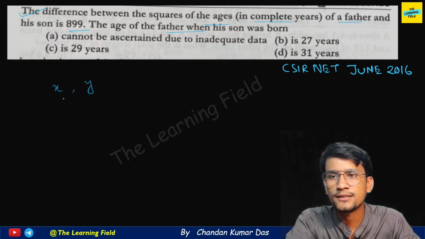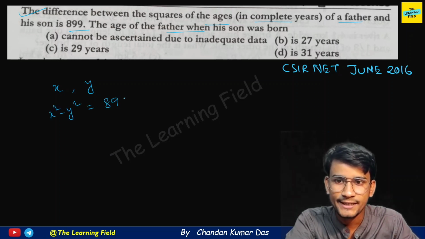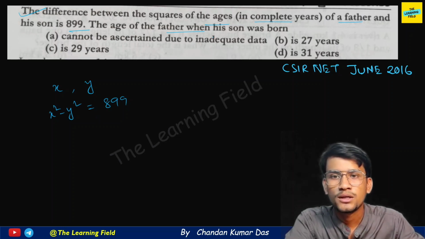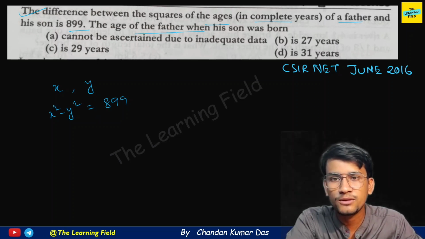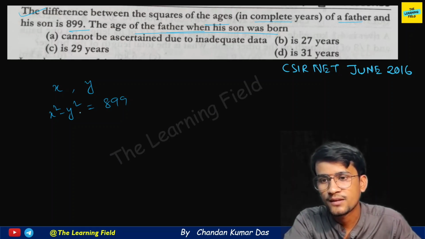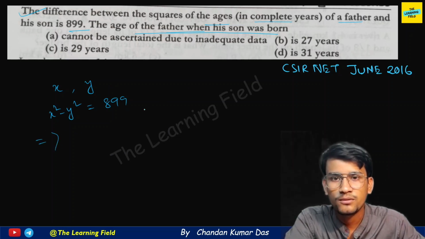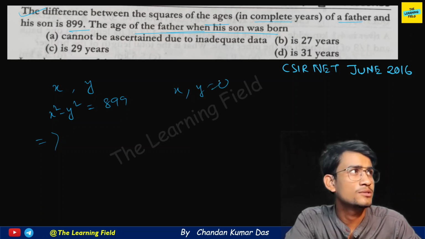Now it says that the difference between the squares, so x square minus y square, this value is 899. The question is the age of the father when his son is born. So now we have to find the value of x when y is equal to 0.